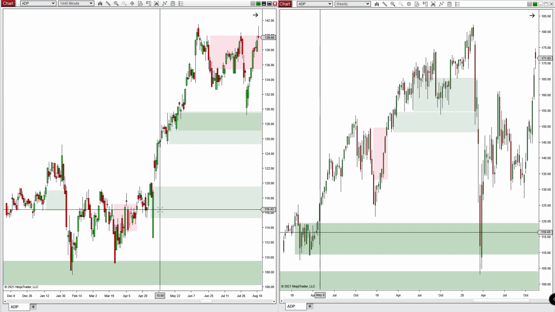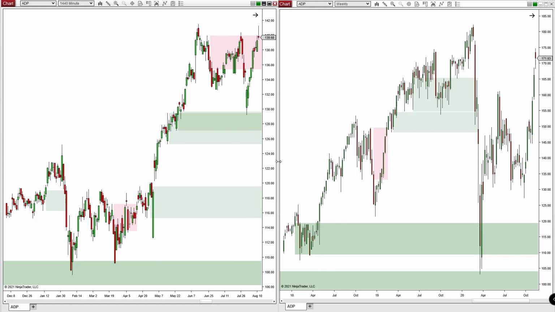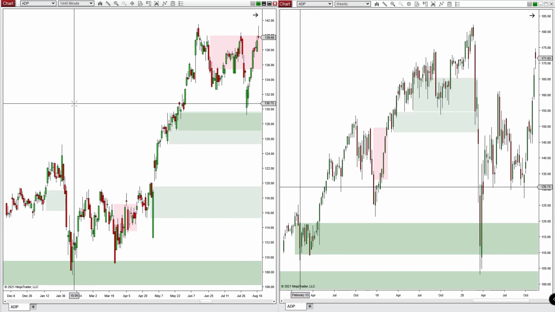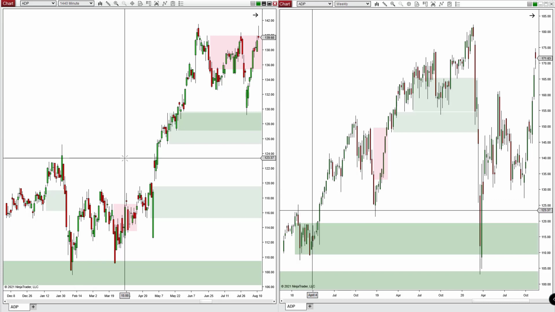I prefer to be trading with the higher time frame trend. I don't necessarily require my trading time frame trend to be in my favor, but I definitely want my high time frame. So my weekly in this case is my high time frame, or HTF. My chart on the left is my trading time frame, or TTF.